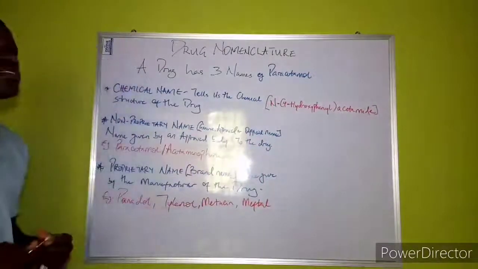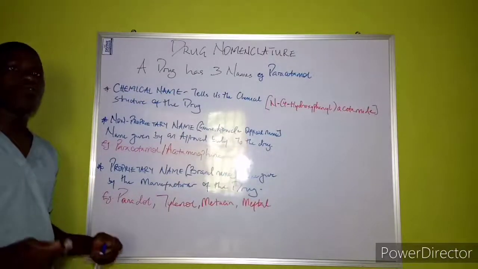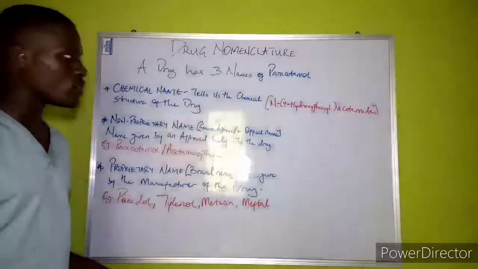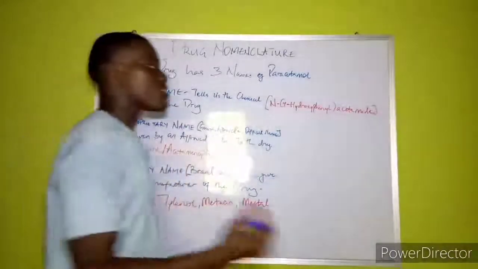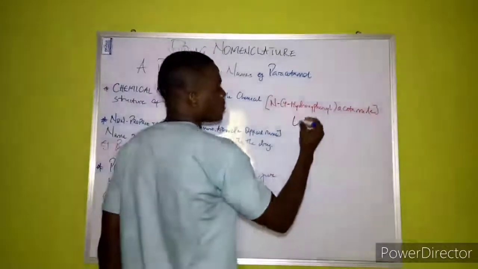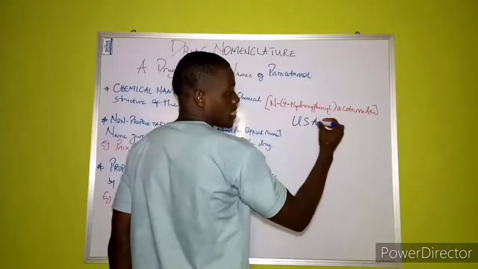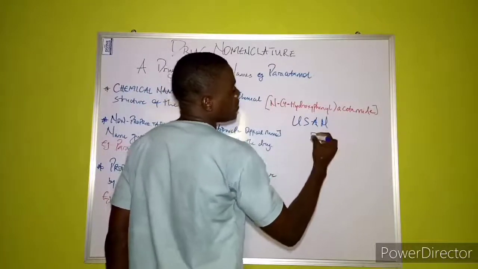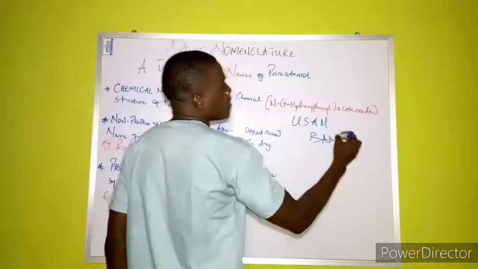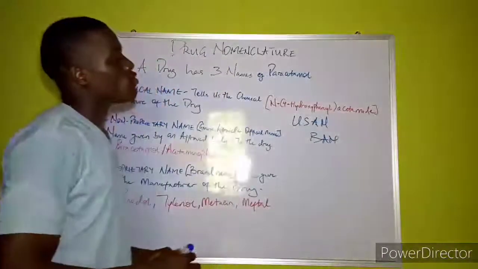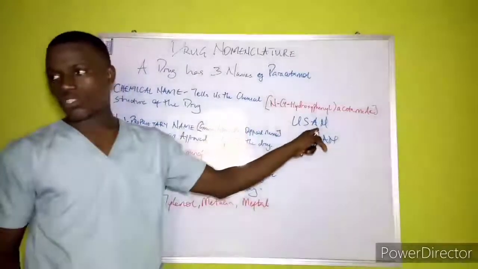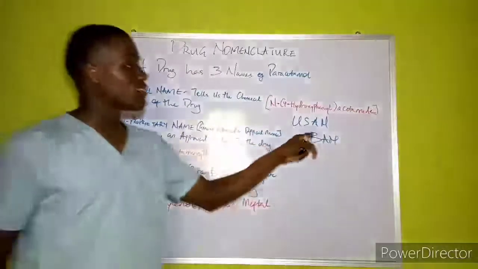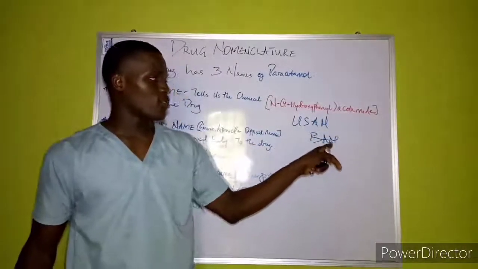The non-proprietary name is given by an official body that is responsible for naming drugs, and these bodies are the USAN and the BAN. USAN stands for United States Approved Name, and BAN stands for British Approved Name.